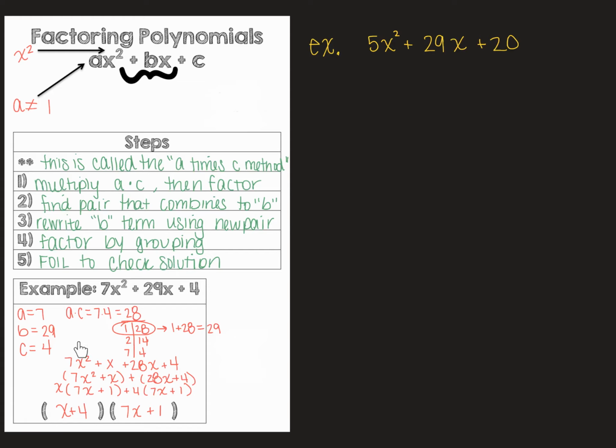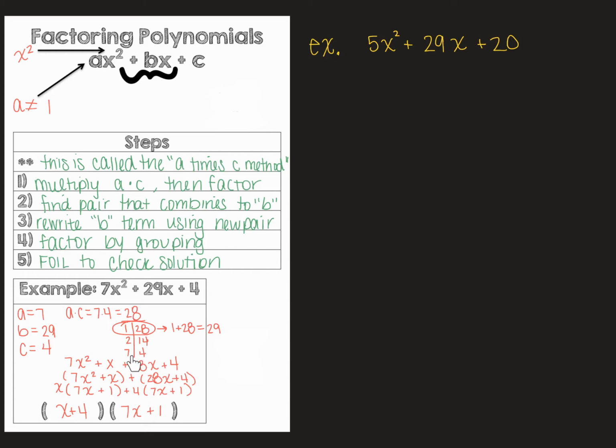So looking down here at this example that we've already completed, first thing, you always want to make sure you write down your a, b, and c. So this is called the a times c method. That should give you an indication of what your first step is. Multiply a times c. So a times c is 7 times 4, which gives us 28. So you can see here I listed all the factors of 28: 1 and 28, 2 and 14, 7 and 4.